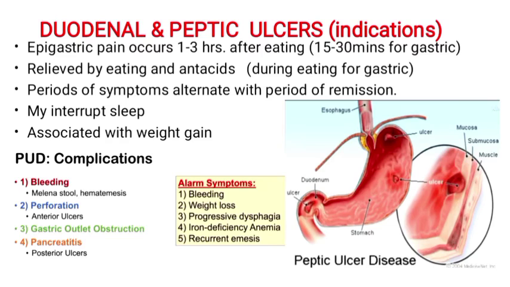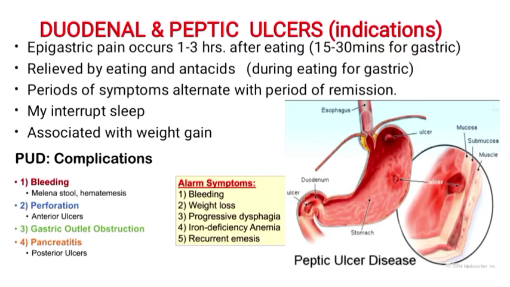When the pyloric sphincter is closed, food is inhibited from entering the duodenum. Therefore, during eating, there is no passage of food into the duodenum.